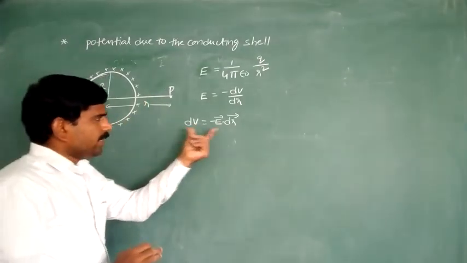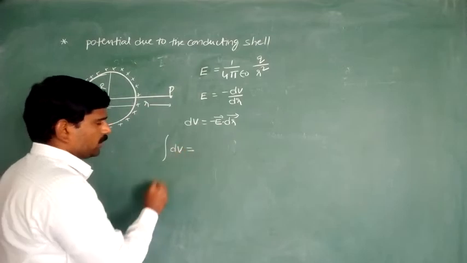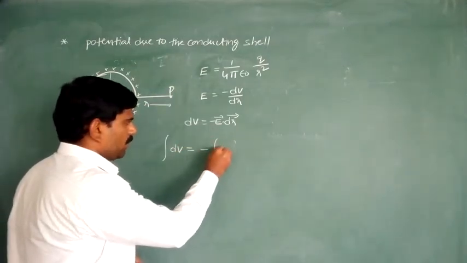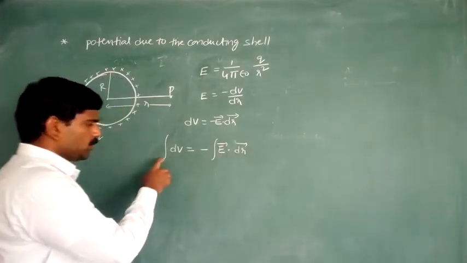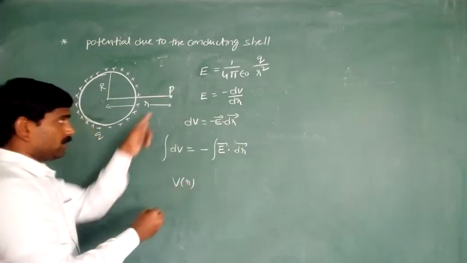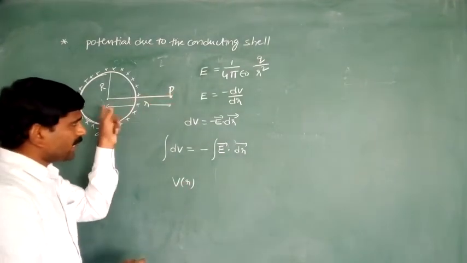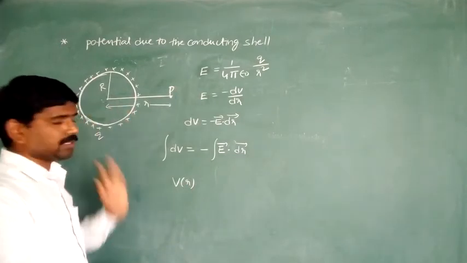So integrating this equation, integral of dV is equal to minus integral of E bar dot dr bar. Integral of dV is nothing but V at point P, which is at a distance of small r meters from the center.